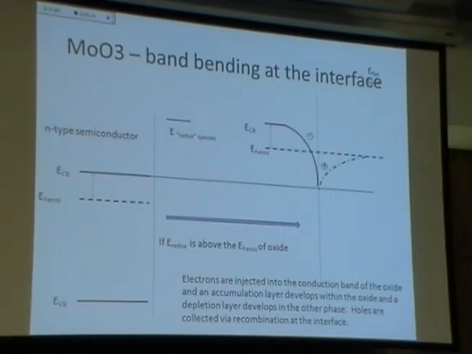All right, so out here somewhere, we've got a flat band, this is my bulk, but then near the surface, we've got a Fermi level that's in between the Fermi levels of the two. In the oxide, we actually have this accumulation layer, so we have electrons building up in the moly oxide, and then we have a depletion layer building up in the organic side.